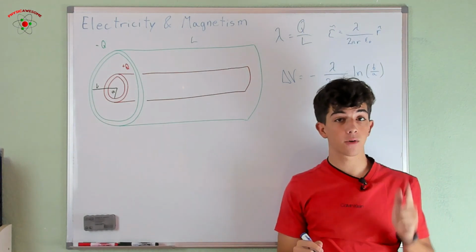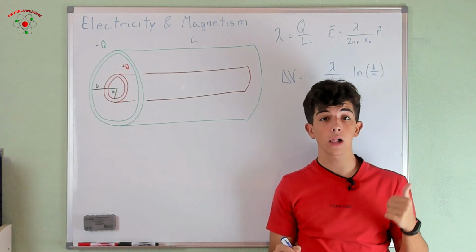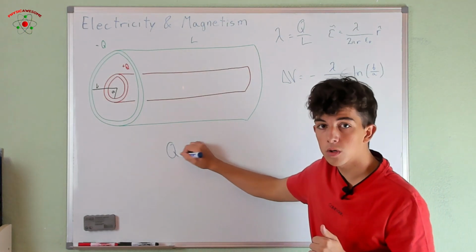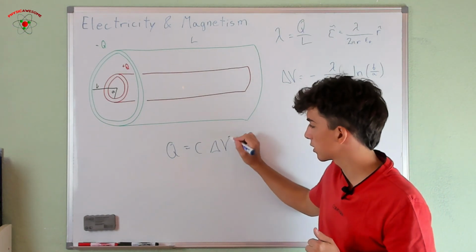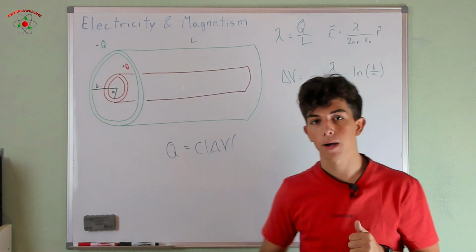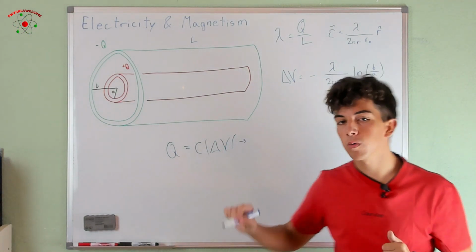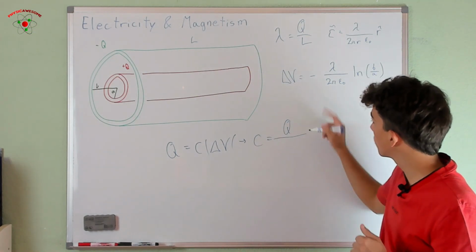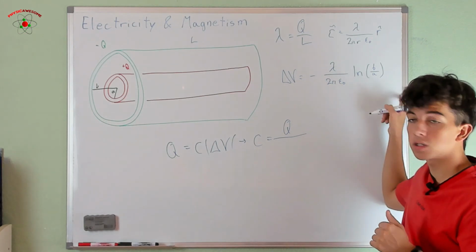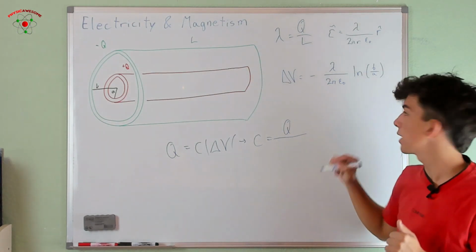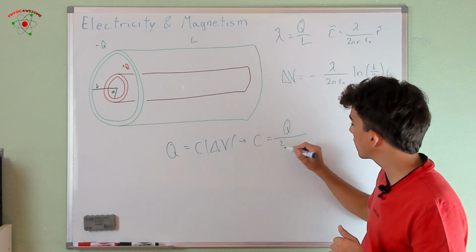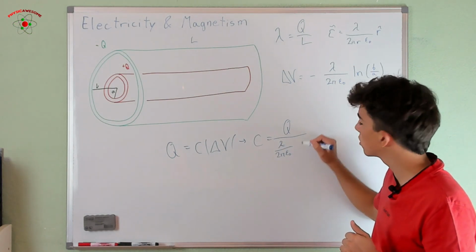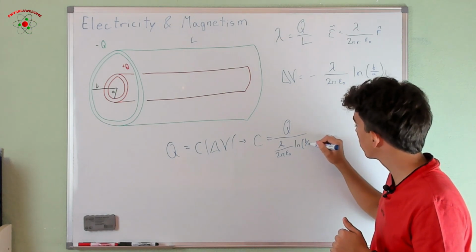Now that we have this information, we're going to be able to calculate what the capacitance is. Remember that Q equals C times the change in potential, of which we're going to take the magnitude. So we will get that C equals Q over, canceling that minus sign because this is positive as b is bigger than a, lambda over 2 pi epsilon naught logarithm of b over a.